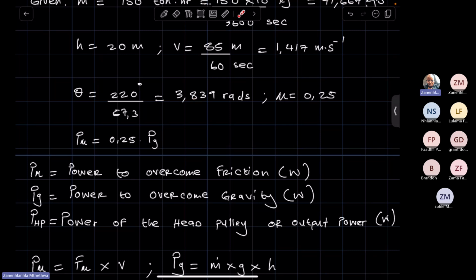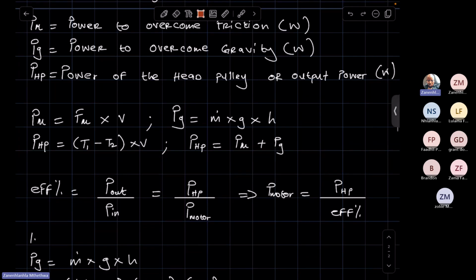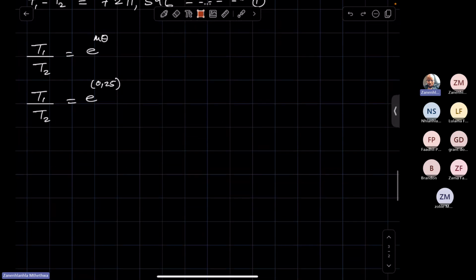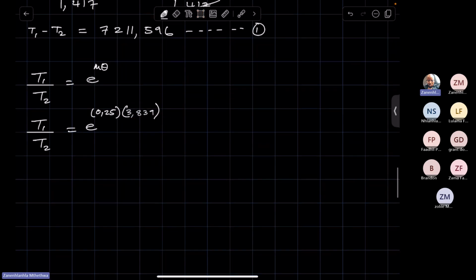And then the angle of wrap or angle of contact is this one here, right? So this is our angle of contact, is this one, right?